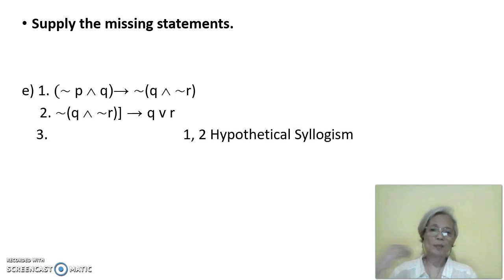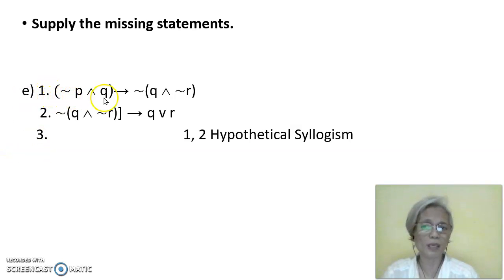Next, we apply hypothetical syllogism to premises 1 and 2. Our first premise is not P and Q implies not Q and not R. The second is not Q and not R implies Q or R. Remember, the formula for hypothetical syllogism is like a transitive property.